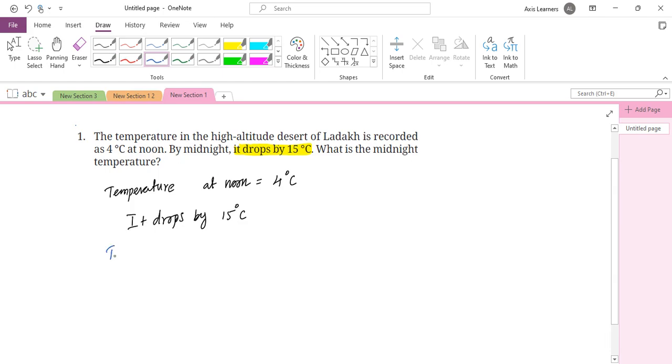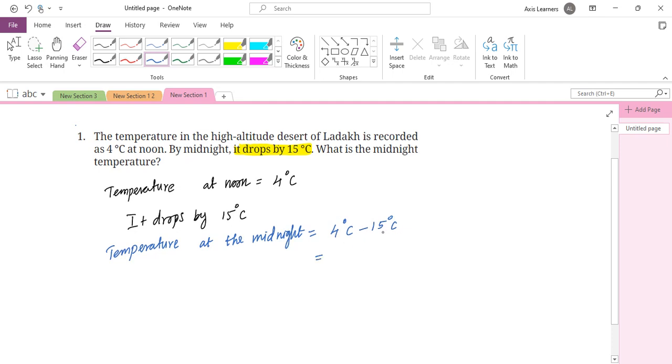Now we need to find the temperature at the midnight. So temperature at the midnight means we need to subtract 15 degrees Celsius from 4 degrees Celsius. Let me write it. Temperature at the midnight. We need to calculate 4 degrees Celsius minus 15 degrees Celsius.